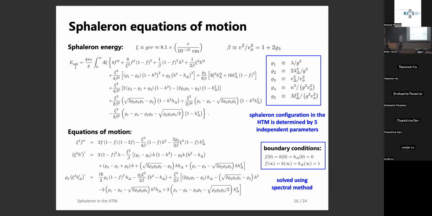Okay, then you perform the derivative of the Sphaleron energy with respect to the parameter C, and then with respect to the profile functions f(h) and h'. Then you obtain 3 second-order differential equations.